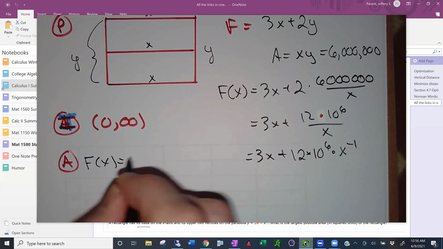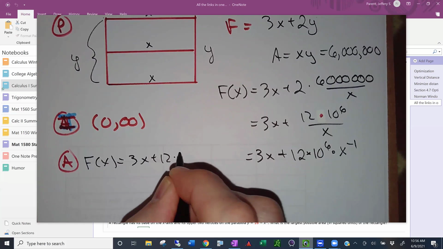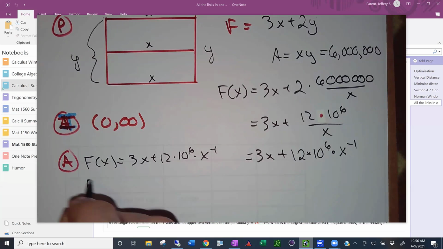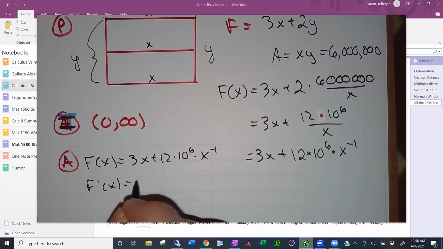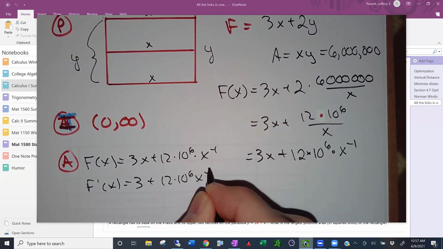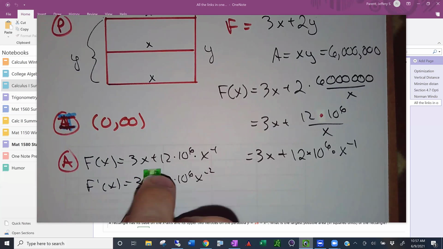F of x is 3x plus 12 times 10 to the 6 times x to the negative first. So f prime of x is going to be 3 plus 12 million times x to the negative second. Oh, wait, there's a negative that comes out here, right? All right, so let's just make that negative.